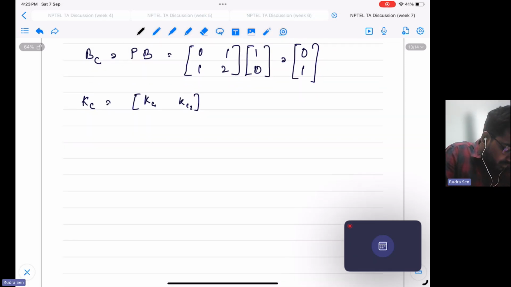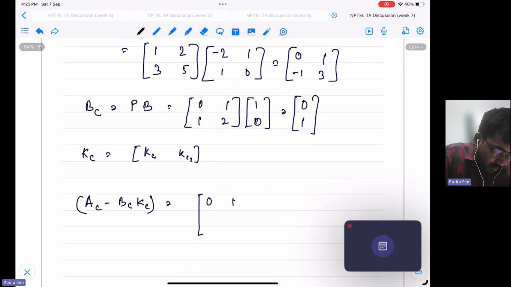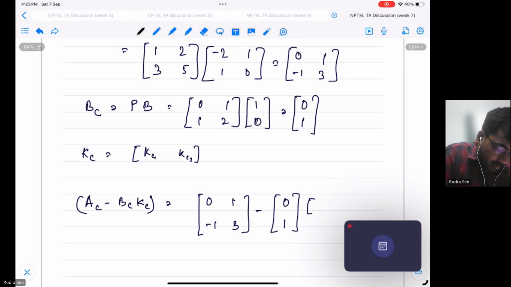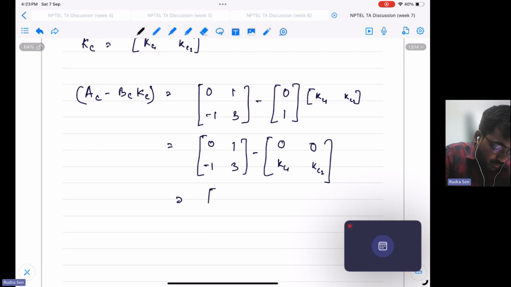So Ac minus Bc into Kc is basically [0 1; -1 3] minus [0; 1] times [kc1 kc2], which is [0 0; kc1 kc2]. So what we'll get is [0 1; -1 minus kc1, 3 minus kc2].